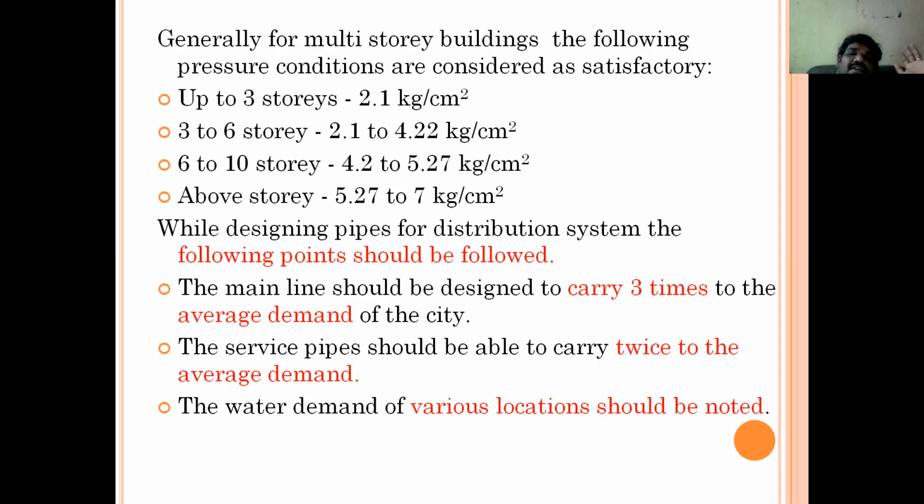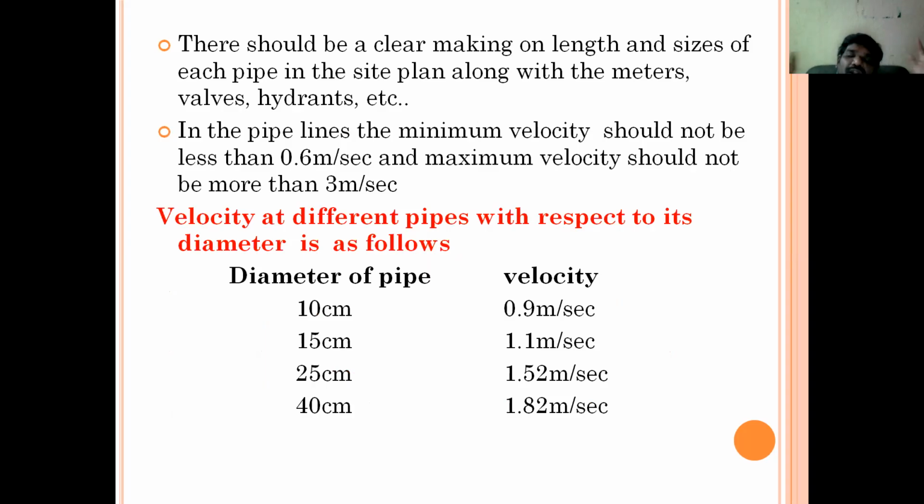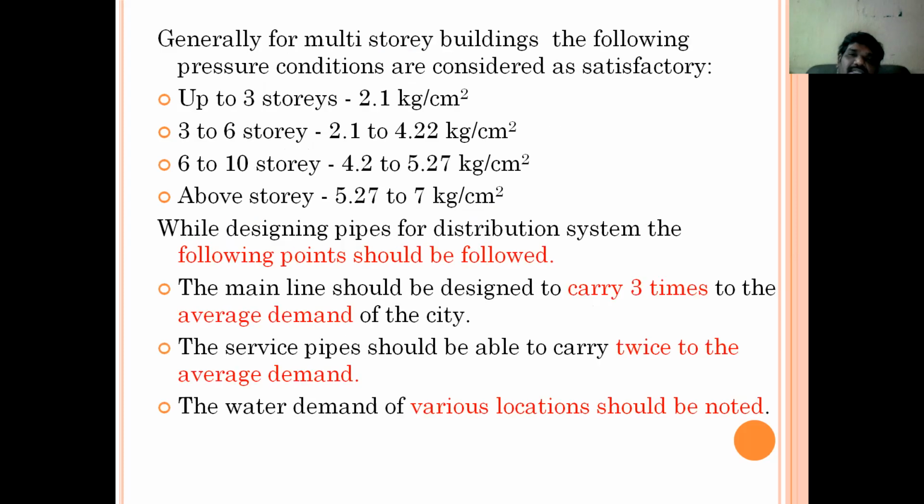Apart from those 3 points, there should be clear marking of the length and size of each pipe in the site plan, along with the meters, valves, hydrants, etc. What we are discussing is pressure in the distribution system.